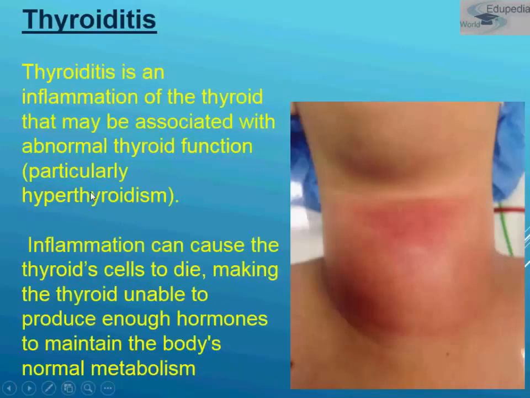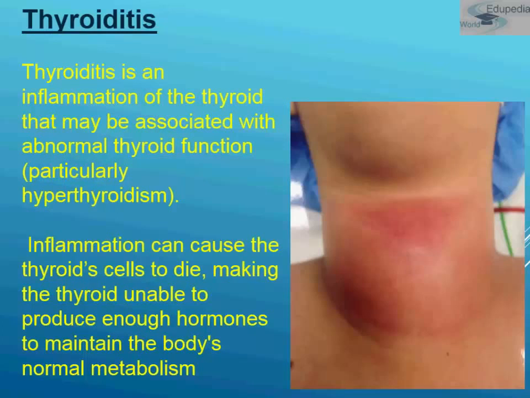Now the third disorder of the thyroid is thyroiditis. Thyroiditis is an inflammation. See, itis means inflammation. So thyroiditis is an inflammation of the thyroid that may be associated with abnormal thyroid function, and particularly hyperthyroidism.